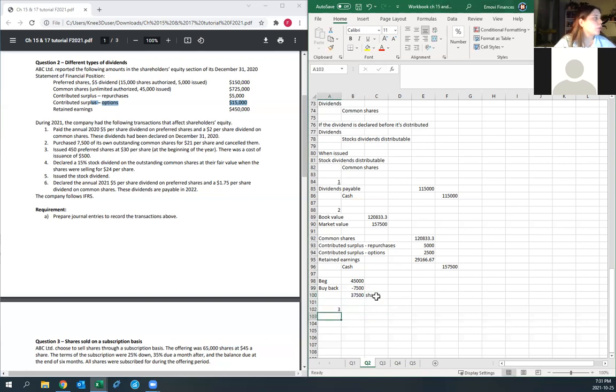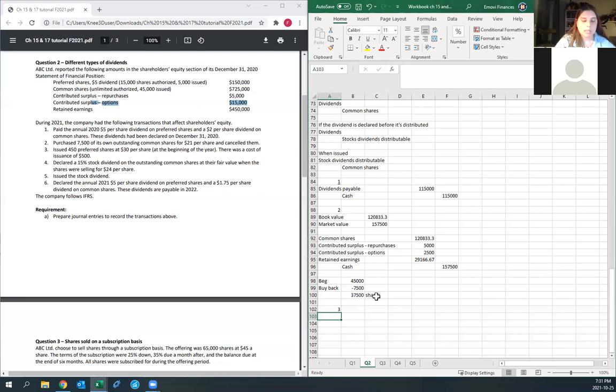The third one is that they issued 450 preferred shares at $30 per share at the beginning of the year, and there was a cost of issuance of $500. So we're going to record the issuance and the cost in the same transaction.